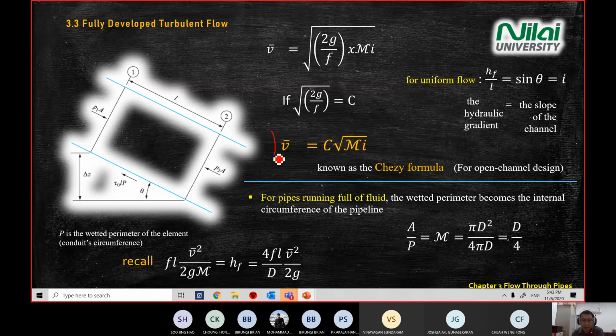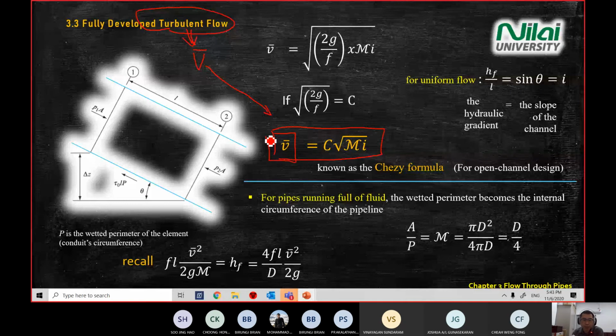Every time you see average velocity, because in turbulent flow we will always use average velocity. Laminar flow, we don't need to use average velocity. But for turbulent flow, yes, we need to use the Chezy equation so that we can continue to solve problems using the average velocity component.